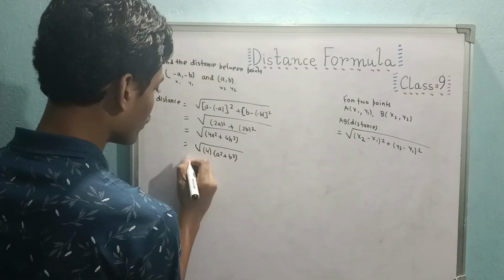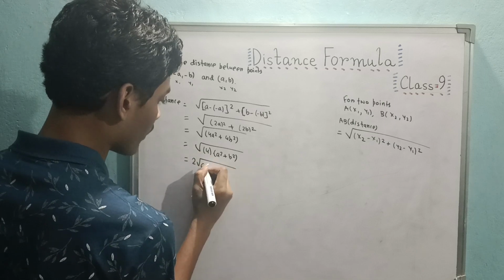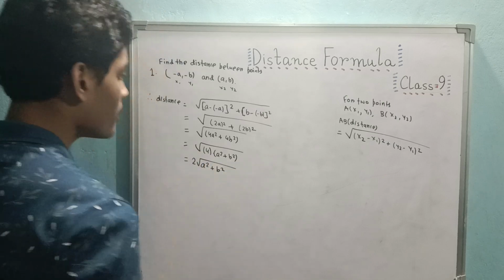Now see, 4's root is 2, so we can write 2 into root of a square plus b square. That will be your answer.